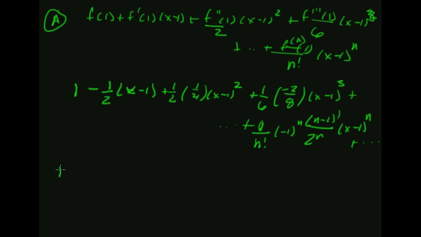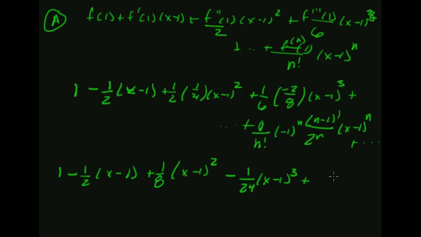So a little simplifying, 1 minus half times x minus 1 plus an eighth times x minus 1 squared. This is going to be a minus 1 over 24 x minus 1 cubed.